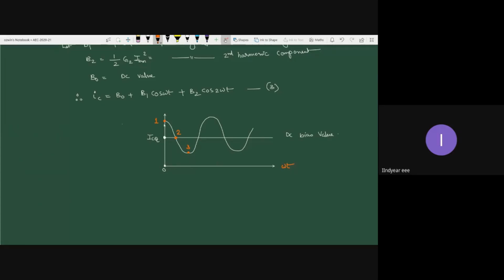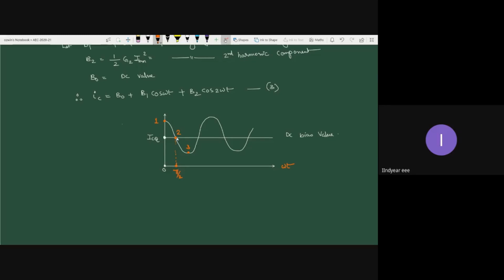Now, point 1 corresponds to 0 value. Point 2 corresponds to pi by 2 interval, because in case of cosine function, cos 90 is 0.